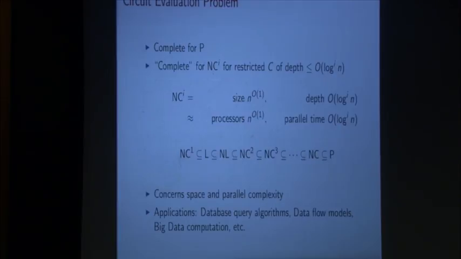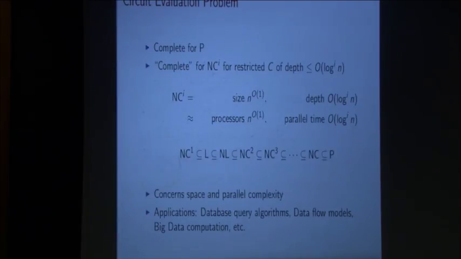For example, in one model of big data computation inspired by MapReduce, it's known that if you separate NC from P, the parallel complexity class from the sequential complexity class, then it means that in a certain theoretical model for MapReduce computation, certain problems cannot be computed there anyway. So it has applications elsewhere. Okay, these are the complexity classes that we care about.